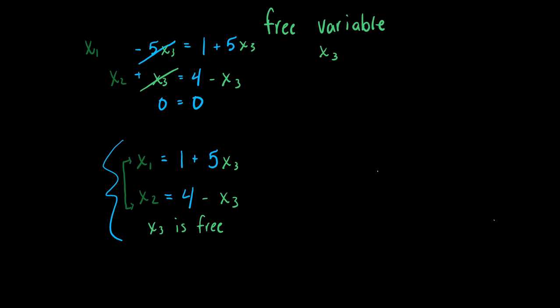So what does this mean in practice? What does this really mean for us when we think about the solution set of our system? Well, it means that I can choose any possible value for x3, and I will get a set of numbers x1, x2, and x3 that is in the solution set for my linear system.